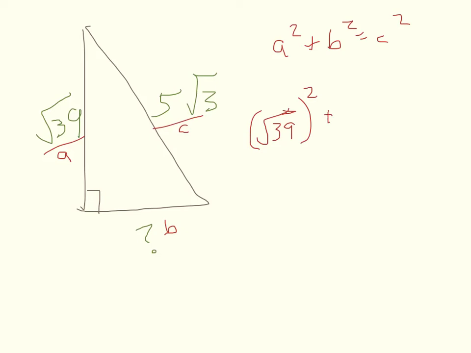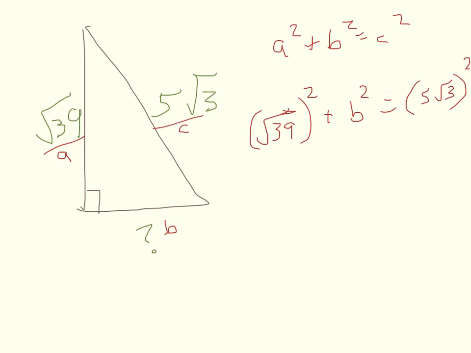Plus, now here we have 5, oops, almost made a mistake there. This is the c, so we don't know what b squared is, and the c is 5 root 3 squared.